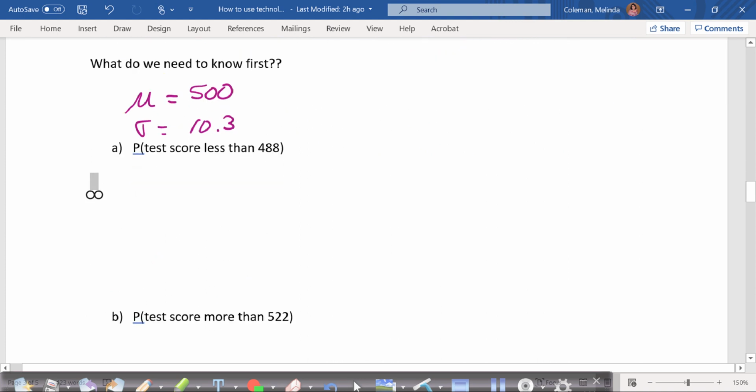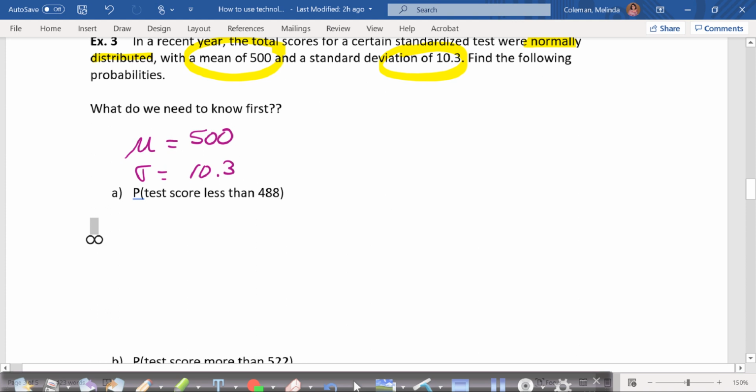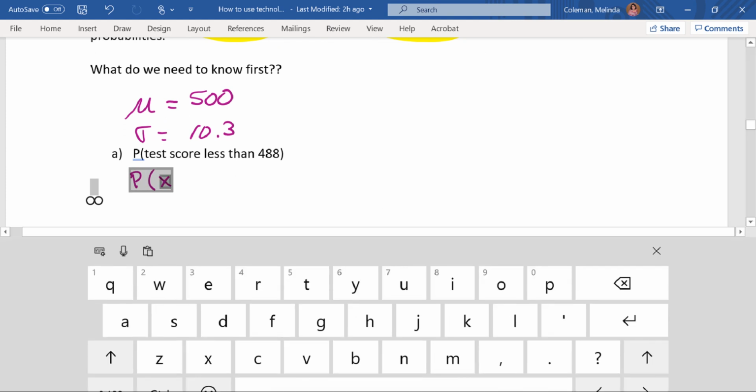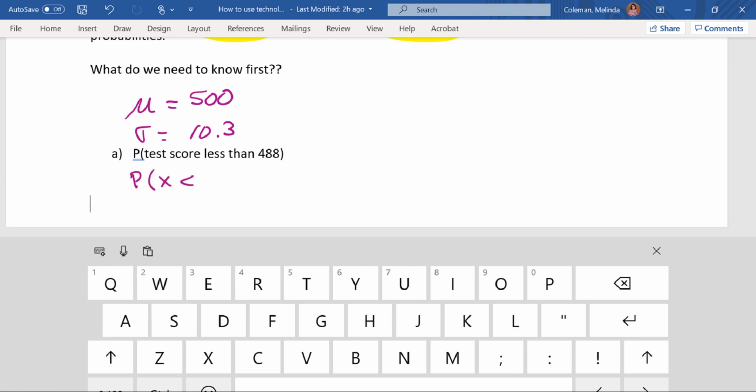It says that I want the probability that I randomly select a person who took this test and they have a score of less than 488. They scored less than 488. So we want the probability that X is less than 488.